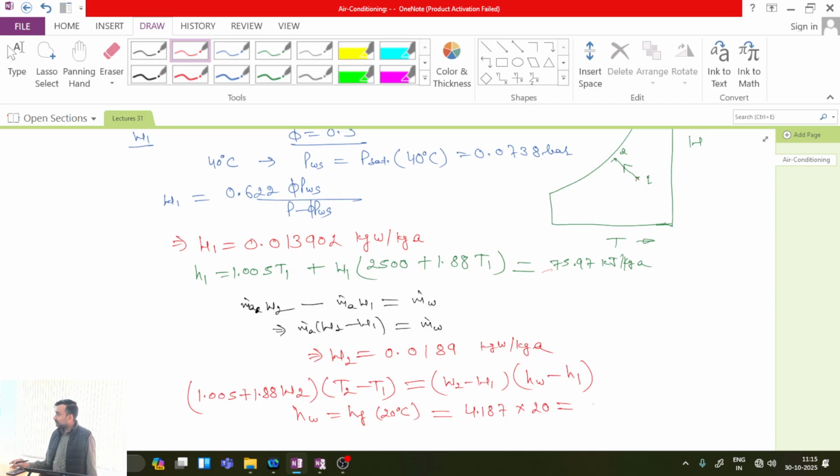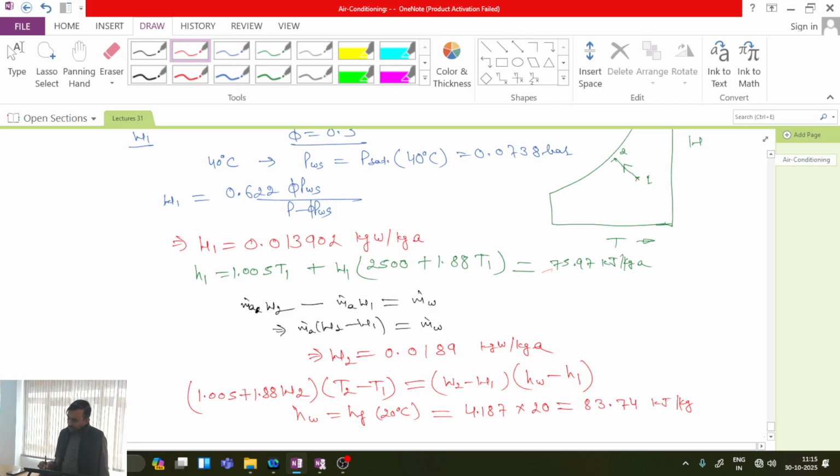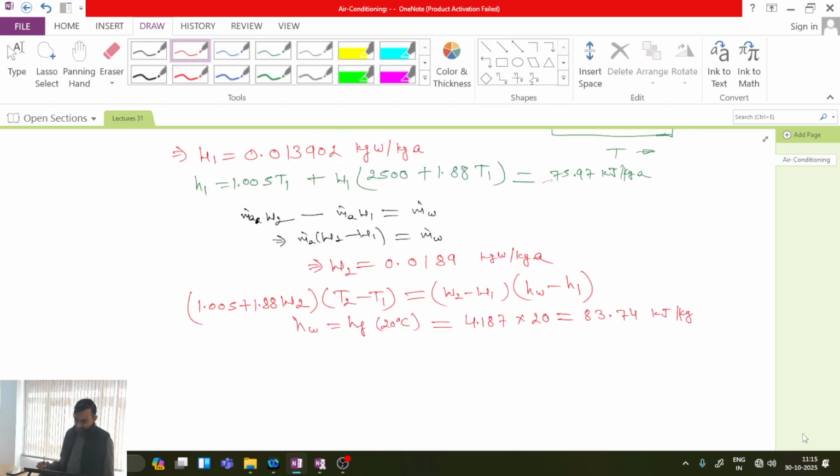83.74 kilojoule per kg. Now, after this, what will I be getting? Please tell me. I know HW. I know H1, W2, W1. I know T1. Can I calculate T2? Substitute in this equation and tell me the value of T2. What will be the value of T2?